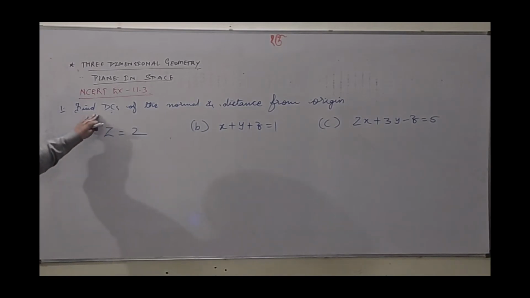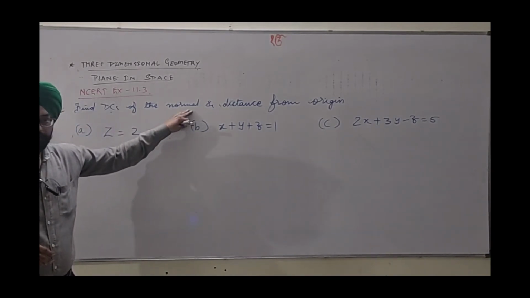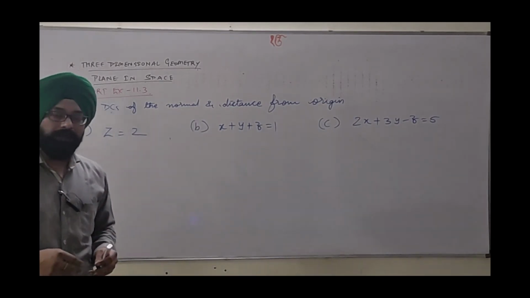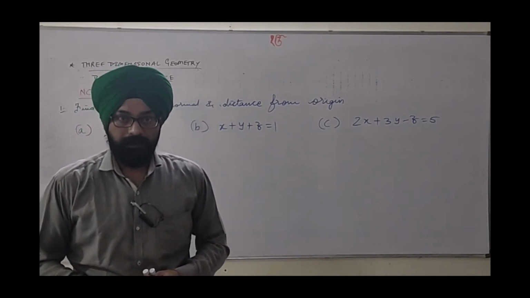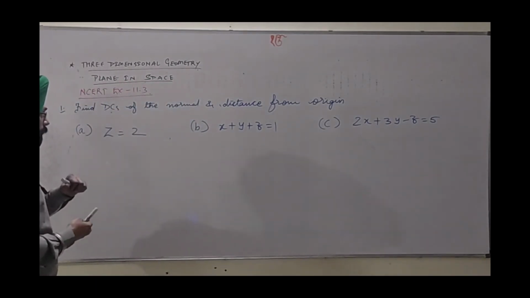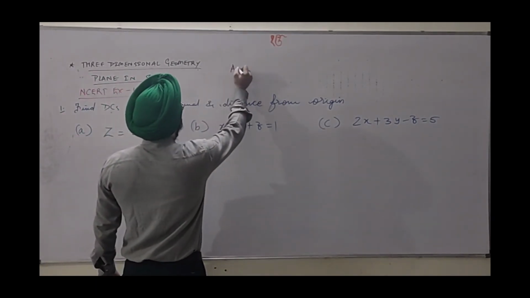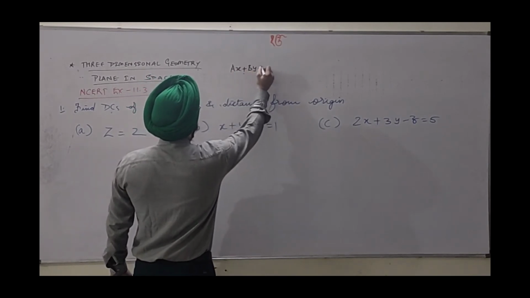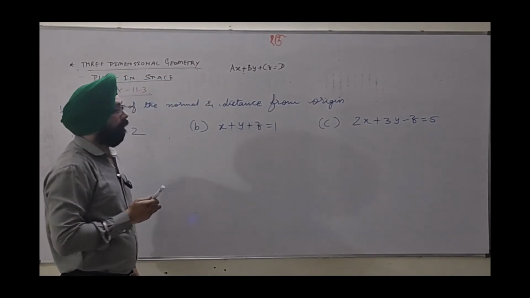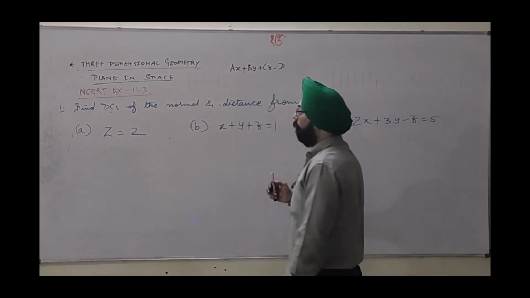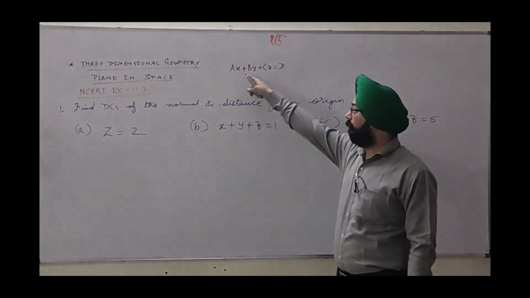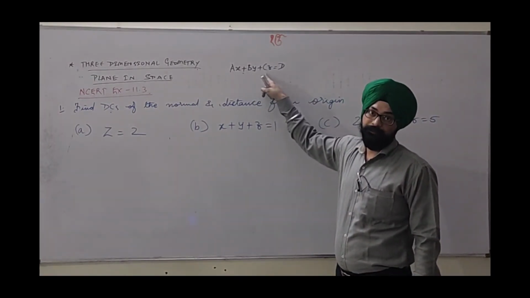First question: find the direction cosines of the normal and the distance from origin of the plane. You can see in this first question we are given all the equations of plane in Cartesian form. So here is one general idea I would like to share. Suppose there is some plane in Cartesian form as ax plus by plus cz equal to d. Then the direction ratios of the normal to the plane, or the perpendicular vector to the plane, are always these a, b, c.